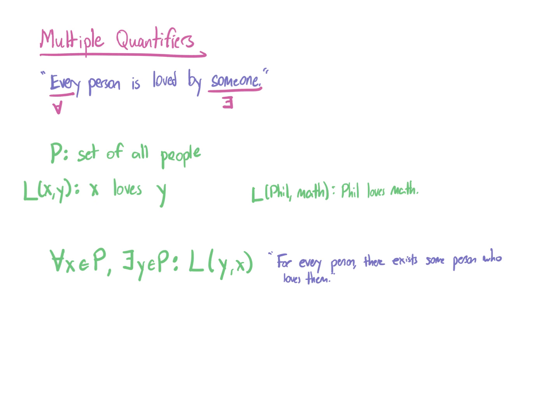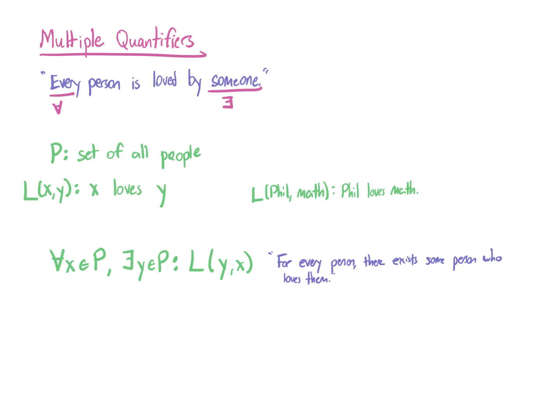Okay, so we can get more and more complicated logical expressions just by defining more sets if we need to, defining more complicated predicates that might accept multiple inputs, and then using multiple logical quantifiers in order to express our ideas. Now, one thing that's important to notice here is that order really matters. I had a for all, and then I had a there exists. And that order is really, really important.